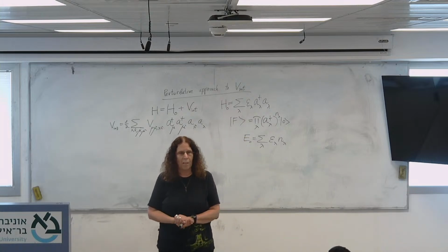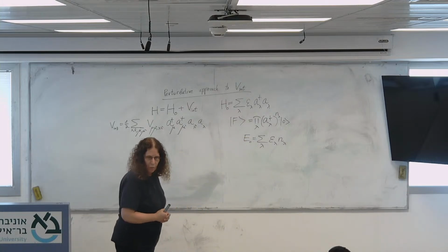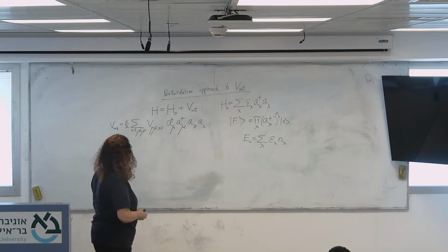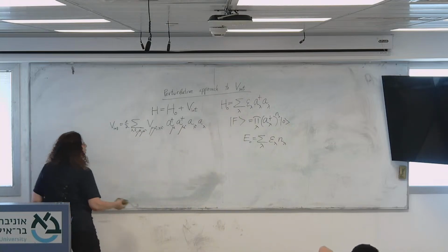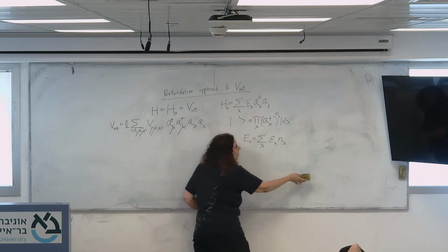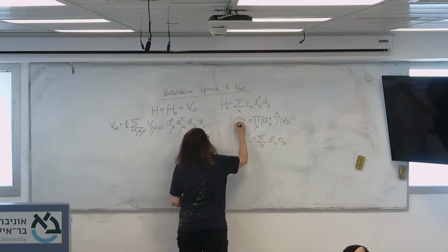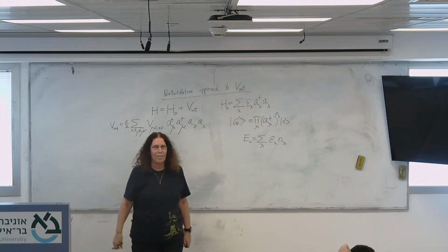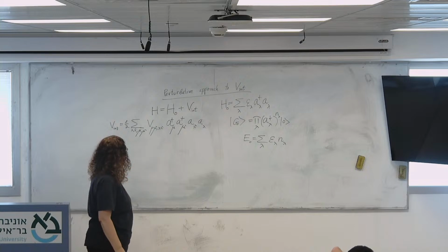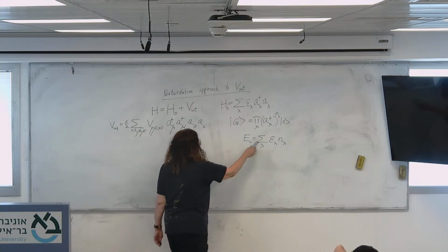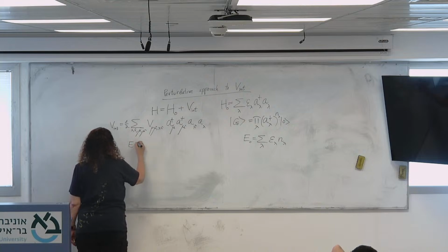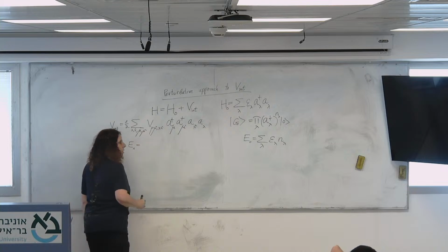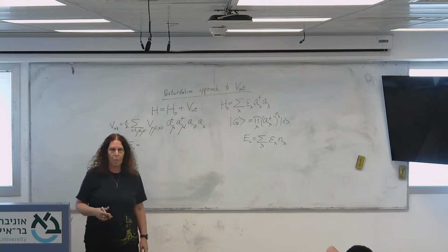If the question I ask is, what is the correction to the ground state energy, when I know that the ground state is something of this form, actually let me not call it F because I use the letter F for describing a Fermi sea. So this is just the ground state, G naught of the H naught. To calculate the correction to the energy, let's call it E1. This is the first order correction to the energy in perturbation theory.